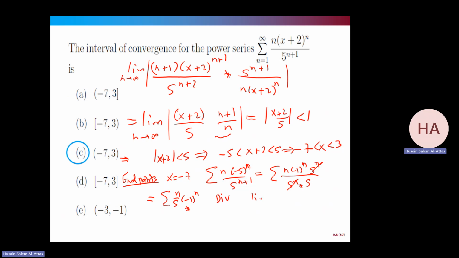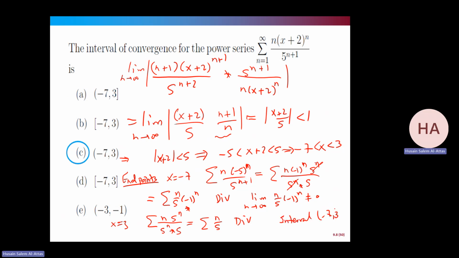The limit as n goes to infinity of n over 5 is not equal to 0, so it diverges. And the same thing for the other one. X equal 3 will be easier. It will be the summation of n times 5 to the power n over 5 to the power n times 5, which is the summation of n over 5, which diverges. Same reason. Okay, so what will be the interval?